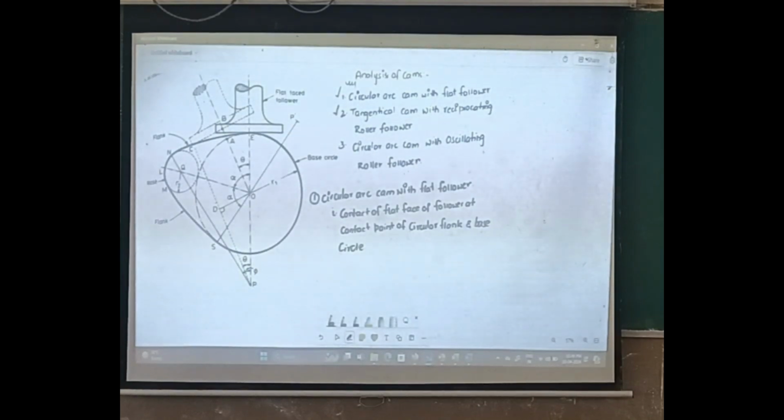Here in this figure you can see that this is the point where we are considering the contact between the flat follower and the cam with the circular flank. The portion from this point N to E is called the circular flank.